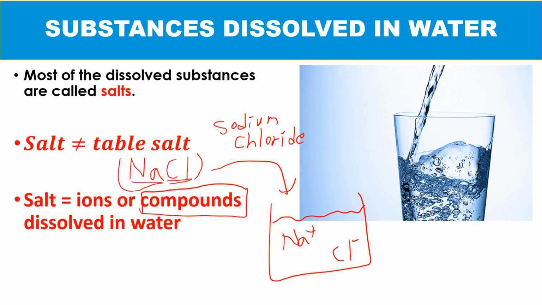This is why, if you watch documentary videos or science facts, seawater is a very good conductor: it has lots of charged ions, so you can make electricity go through.